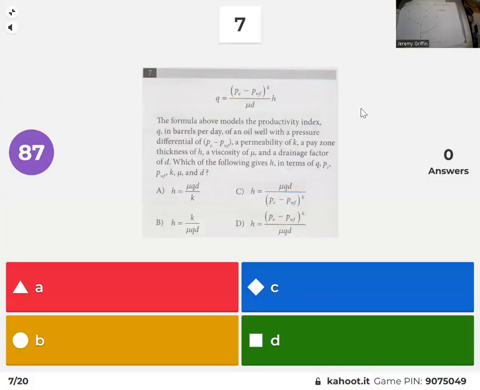Number 7, a crazy looking formula models the productivity index Q in barrels per day of an oil well with a pressure differential of the difference in P's, a permeability k, a pay zone thickness h, viscosity mu, and drainage factor d. Which of the following gives h in terms of all the other variables?